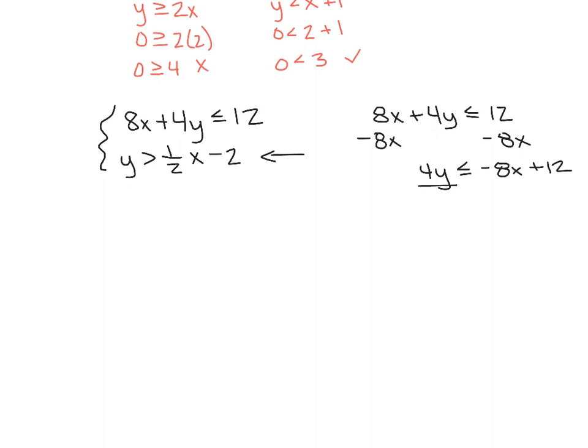Then I need to divide every single term by 4, and I get y is less than or equal to negative 2x plus 3. So now this inequality is turned into that inequality, which I can use to solve.